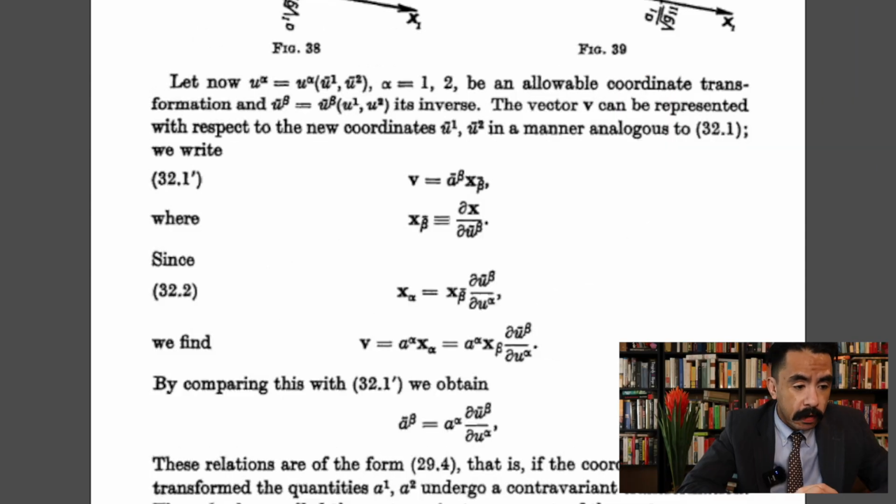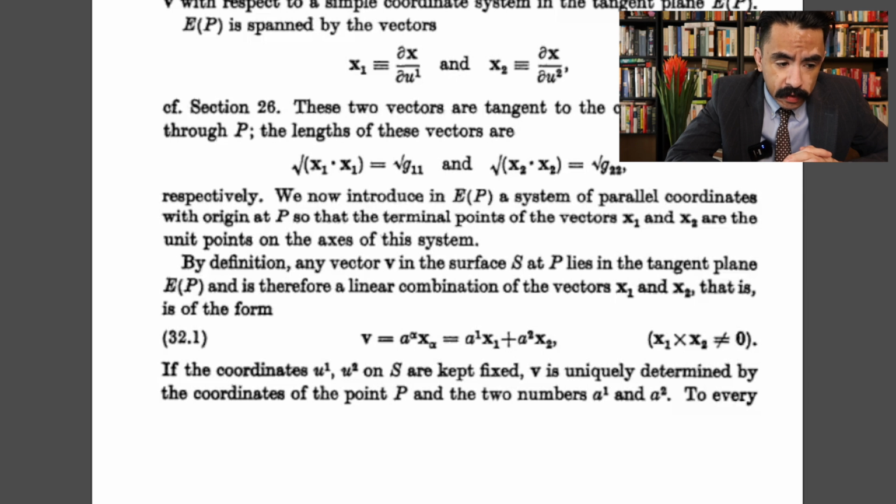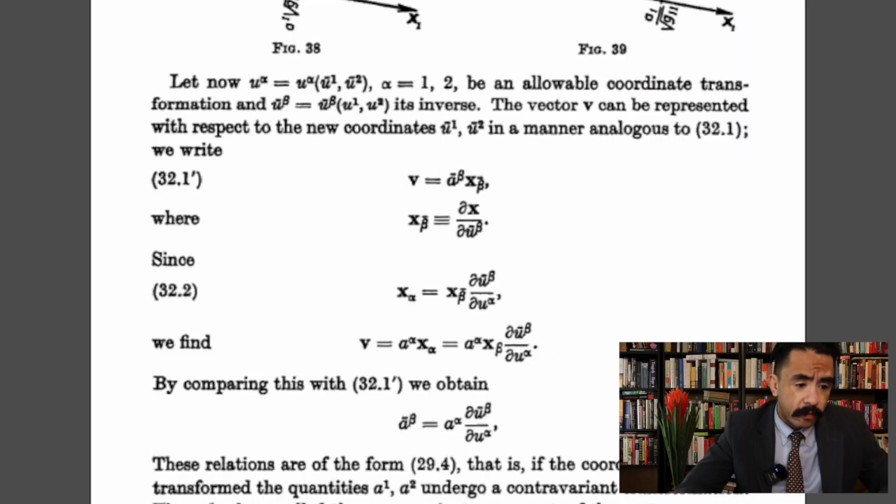The vector v can be represented with respect to the new coordinates u bar 1, u bar 2 in a manner analogous to the relation v equals a superscript alpha times x sub alpha. Vector v is equal to a bar superscript beta times the vector x with a subscript beta bar, where x with the subscript beta bar is equivalent to the partial derivative of x with respect to u bar beta. So we have partial x partial u bar beta.